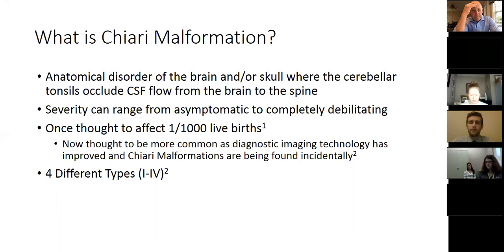They'll get a head CT. It's usually not caught on that, but if they follow up with an MRI, it can be caught sometimes. There are 4 well recognized types, classified as type 1 through 4, which we'll elaborate on in just a little bit.